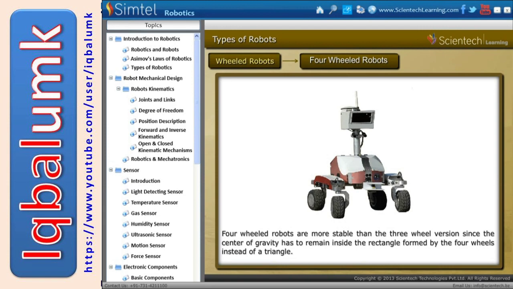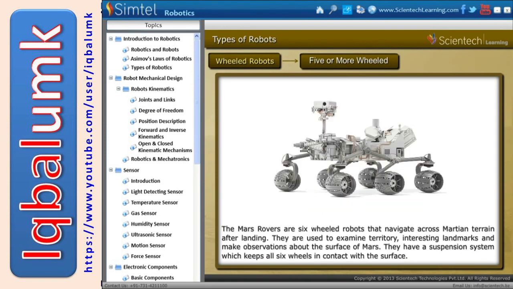The Mars rovers are six-wheeled robots that navigate across Martian terrain after landing. They are used to examine territory, interesting landmarks and make observations about the surface of Mars. They have a suspension system which keeps all six wheels in contact with the surface.